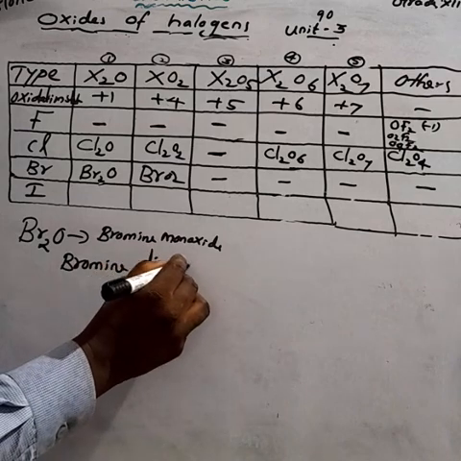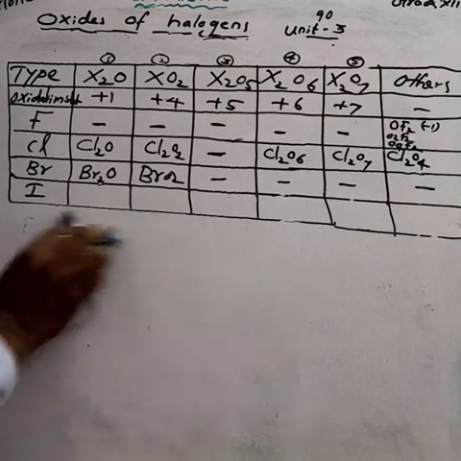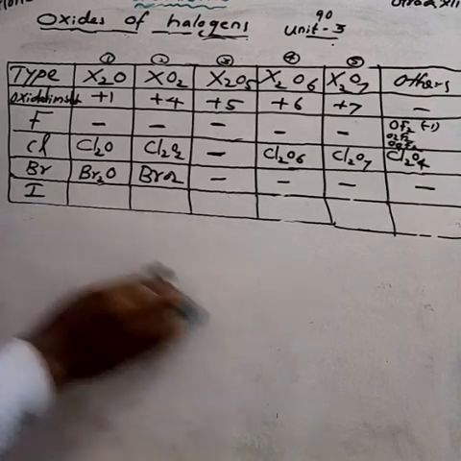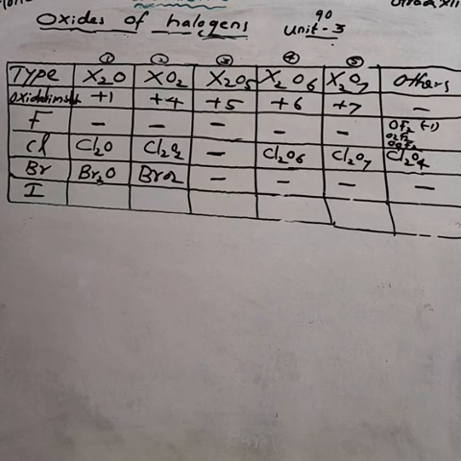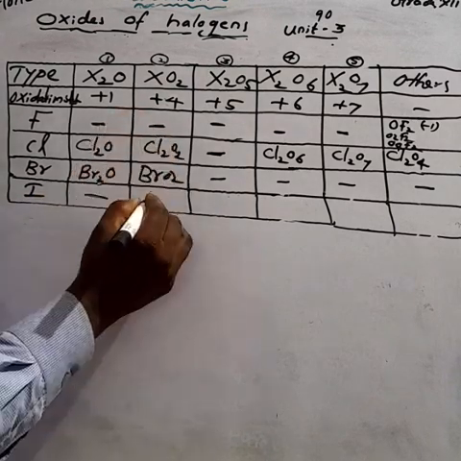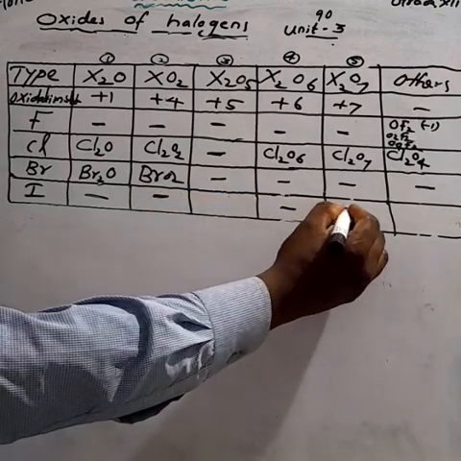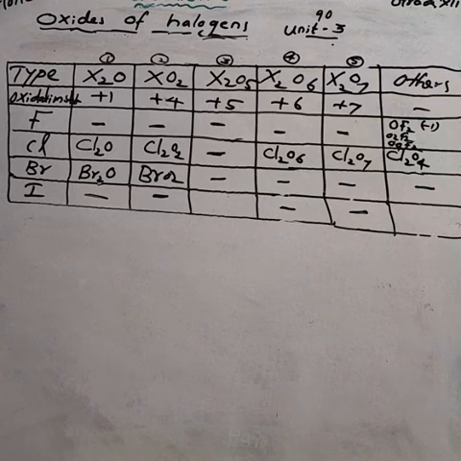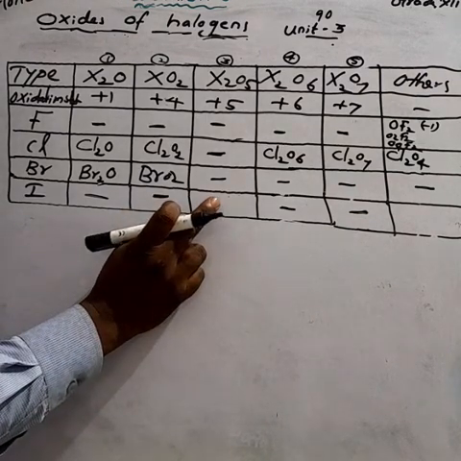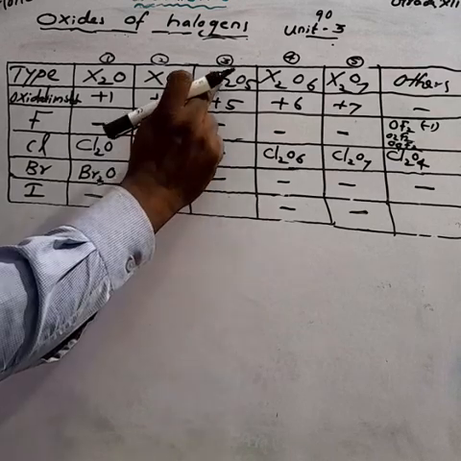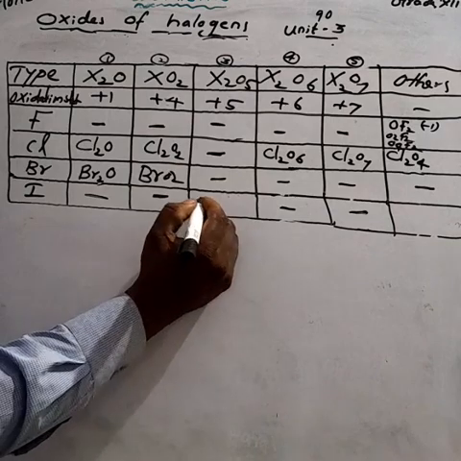Okay. The last halogen we can discuss is iodine. Dear children, iodine also cannot form X2O, XO2, X2O6 and X2O7. Iodine can form only one type of oxide of halogen, that is only X2O5.